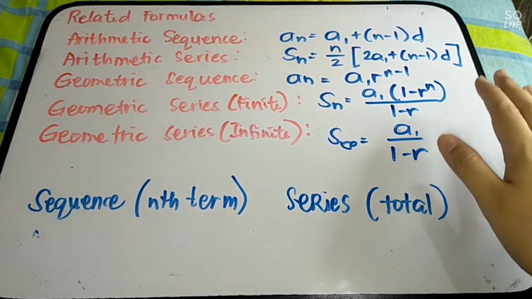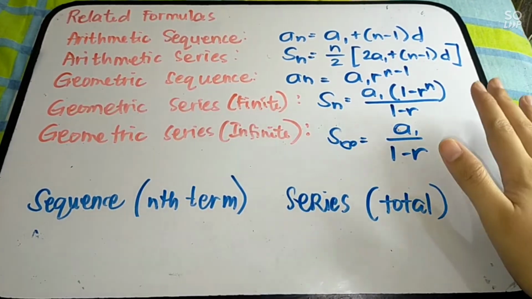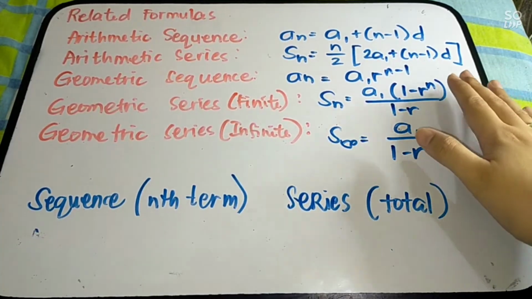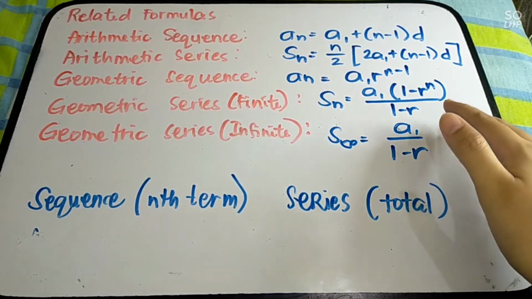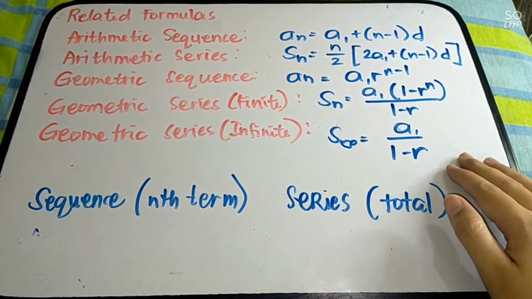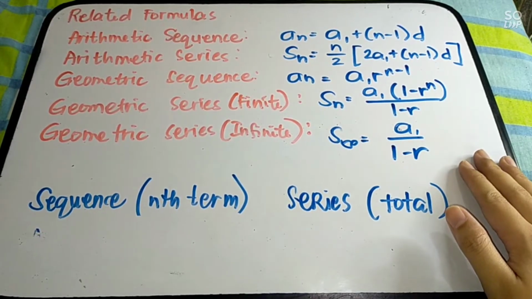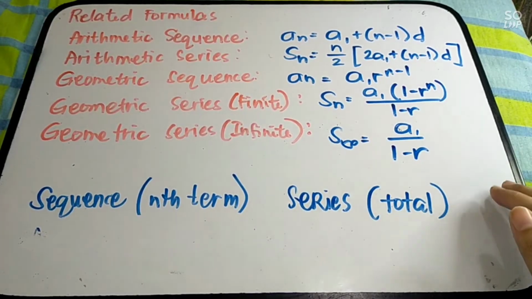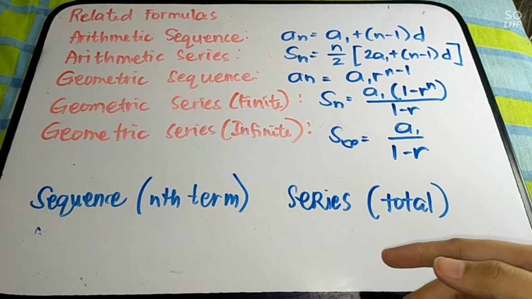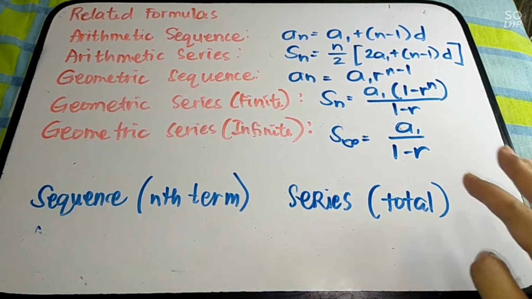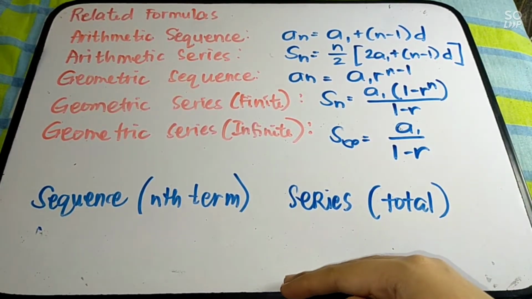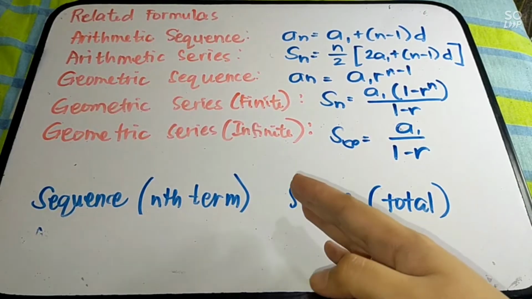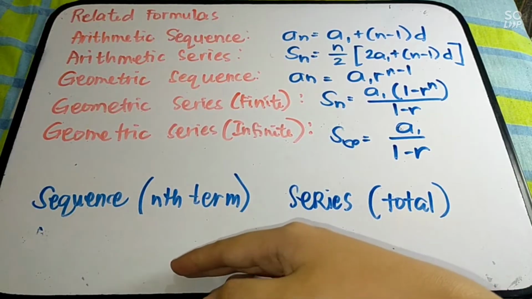We have the formula for the arithmetic sequence, arithmetic series, geometric sequence, geometric series, and geometric series for the infinite. So, ano-ano ba yung mga tips na pwede ko ibigay sa inyo kung paano nyo malalaman kung sequence ba siya or series? Simple lang. Kapag sequence ang inyong problem, madalas dyan, puro end term lang ang hinahanap.